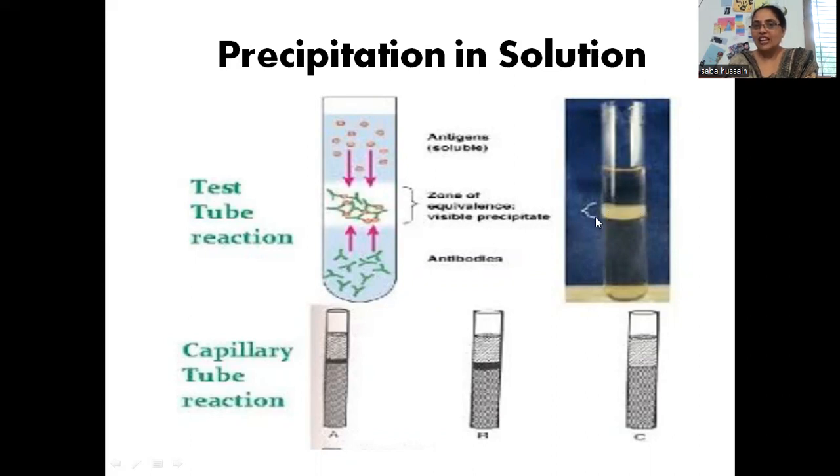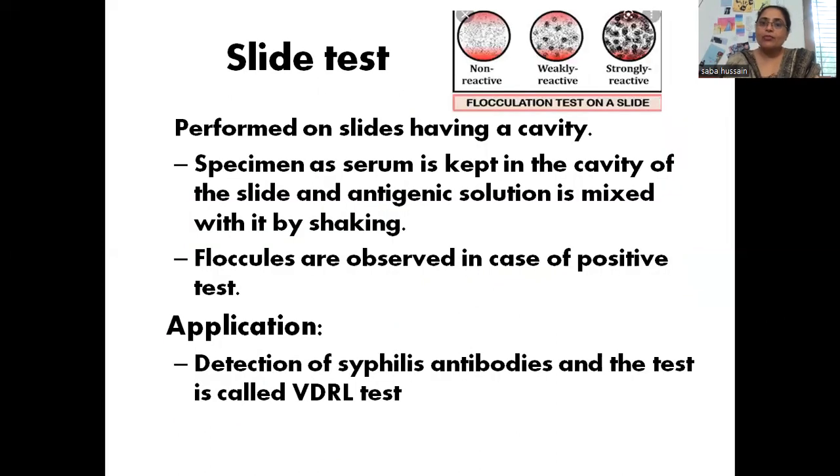This is a positive reaction where you can see precipitate. So this is in the capillary tube, this is in the test tube, and you can see the precipitate. This reaction is observable, and this helps in detection of streptococcus and doing the Lancefield technique. What is the Lancefield technique? We will be studying this in streptococcus when we talk about streptococcus species.